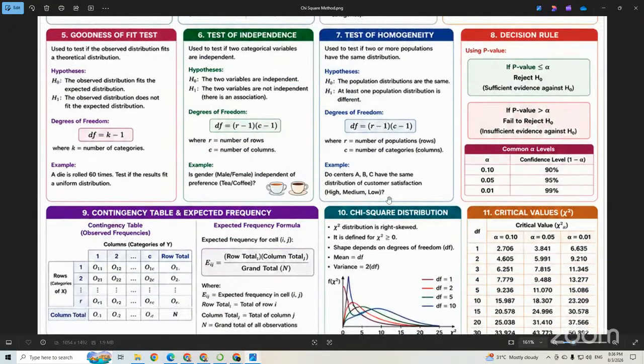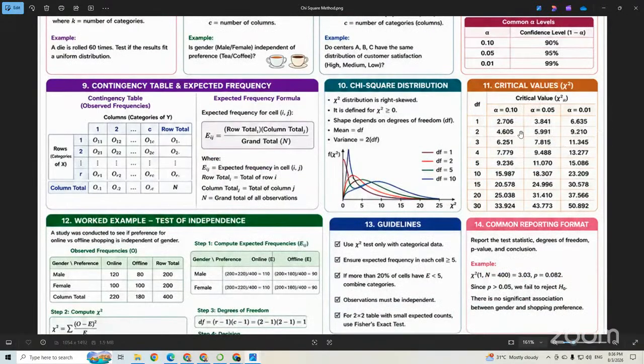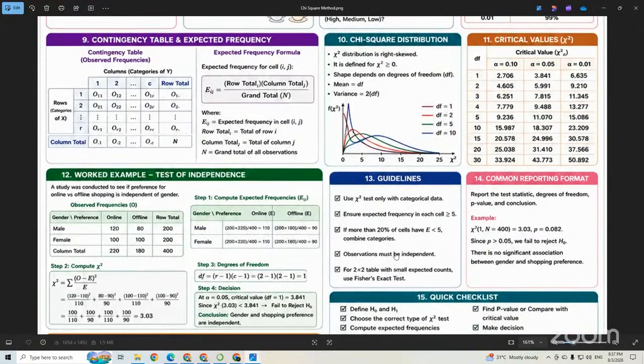All the information about each test I have included here. This is the critical values table: you can see alpha equal to 0.05, and these are the DF. If you apply manually, then this table is important. But we are using Python, which will automatically calculate the value of P, and on the basis of P we decide about the assumption H0, accept or reject.